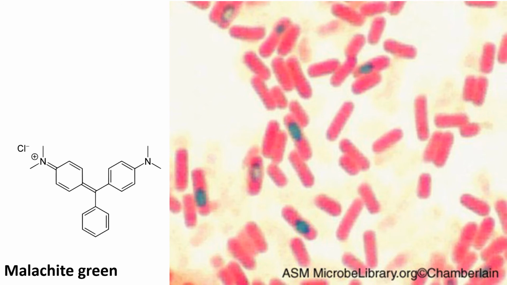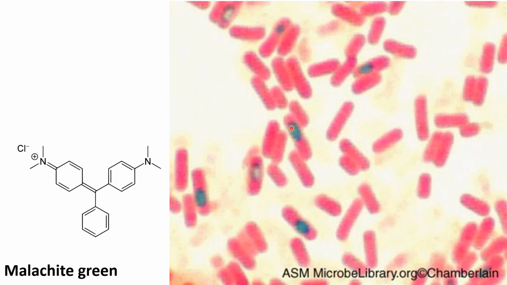Then we have another stain here. Here we have a positively charged auxochrome, and therefore if it's positive charge, it's basic. This is malachite green, and we use malachite green to stain endospores.